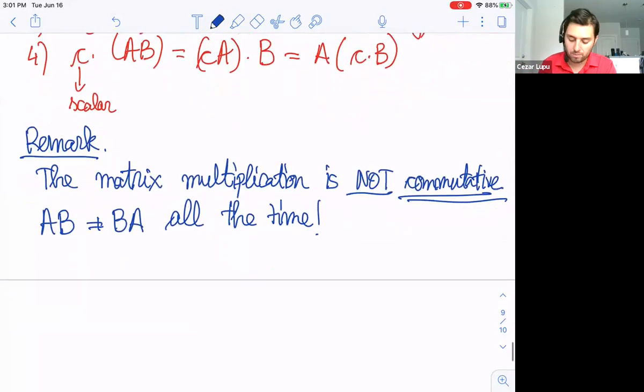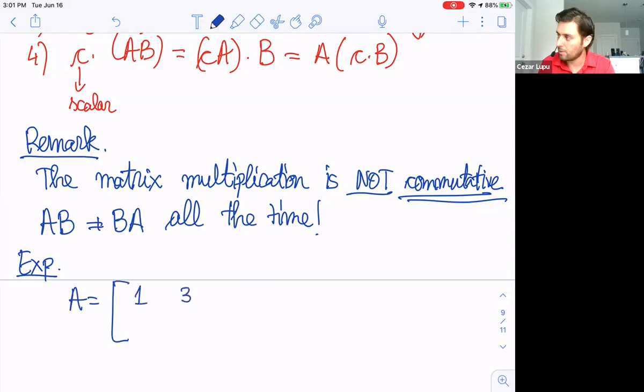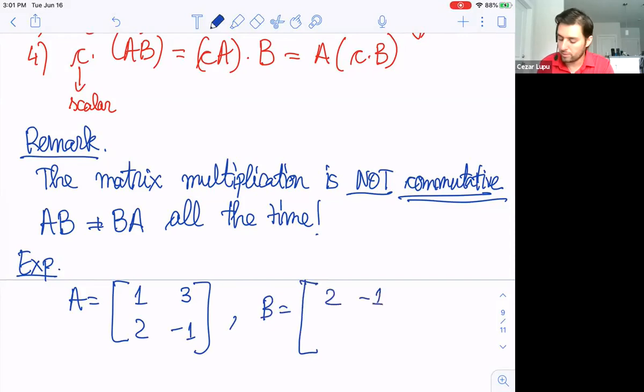Let me give you a quick example that I have in mind. Let me take these matrices. The first one, A, is 1, 3, 2, -1, and B is 2, -1, 0, 2.